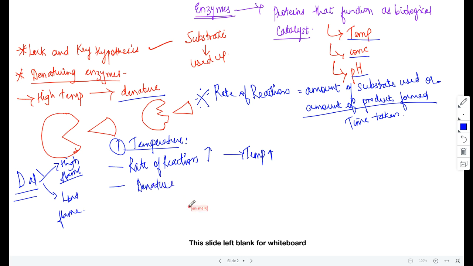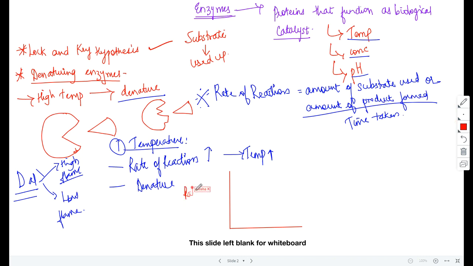Simple concept. So we have to maintain a perfect temperature whenever we are using enzymes as a biological catalyst. Okay, and whenever we are talking about rate of reaction, it has to be expressed in the form of a graph.